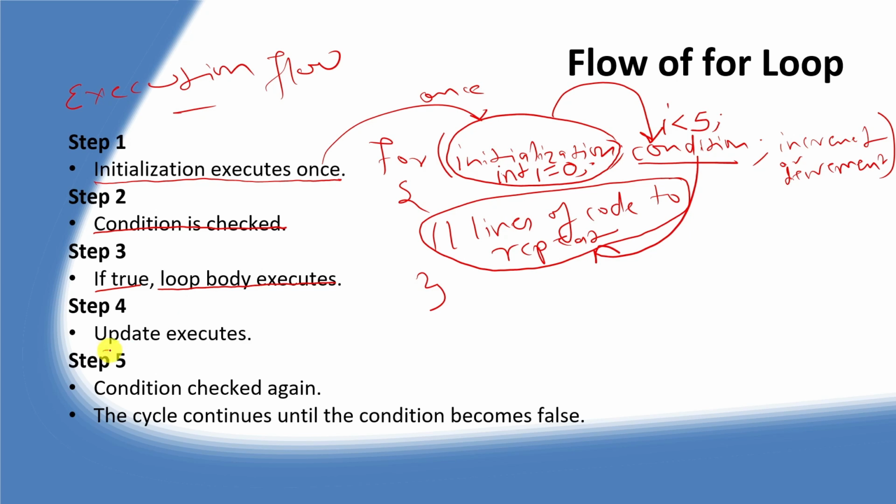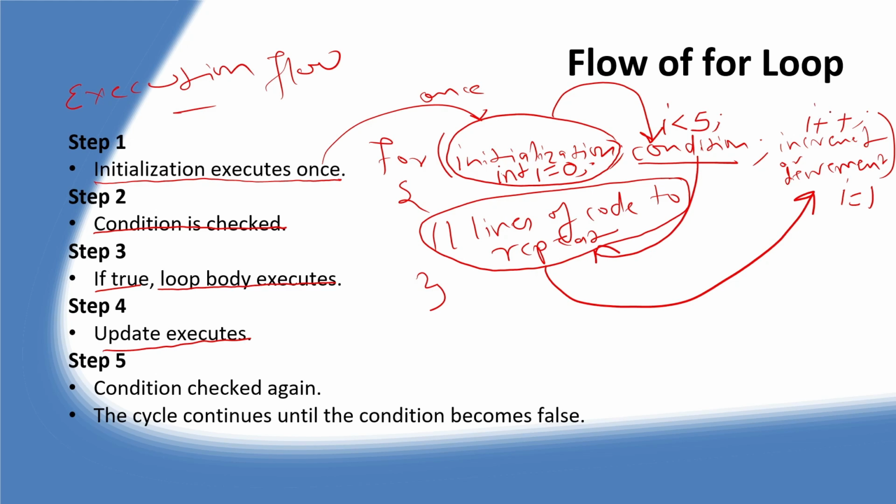Then step 4, the update executes. After executing the body, it will go to the increment, let's say i plus plus. It will increase the value of i from 0 to 1. Now the value of i is 1.